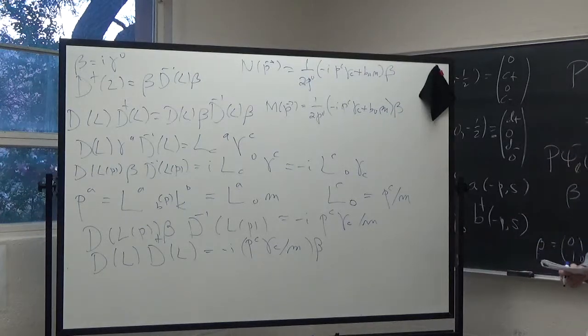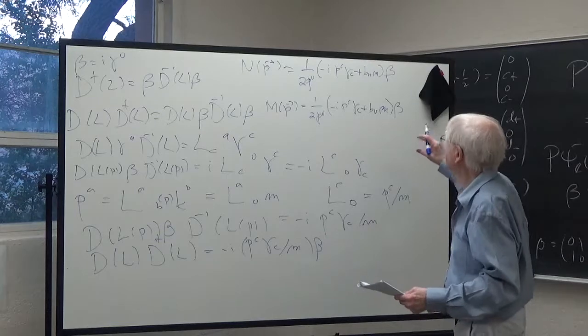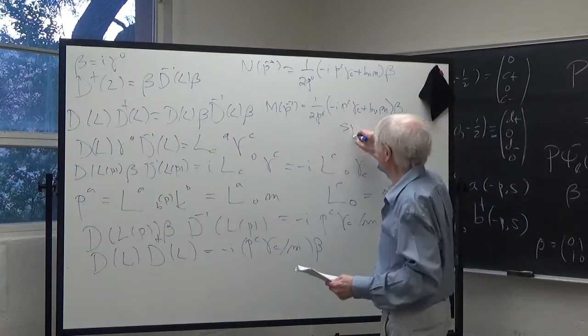So they're almost exactly the same except for the BU and the BV. Keep these two things in mind. These are called spin sums.